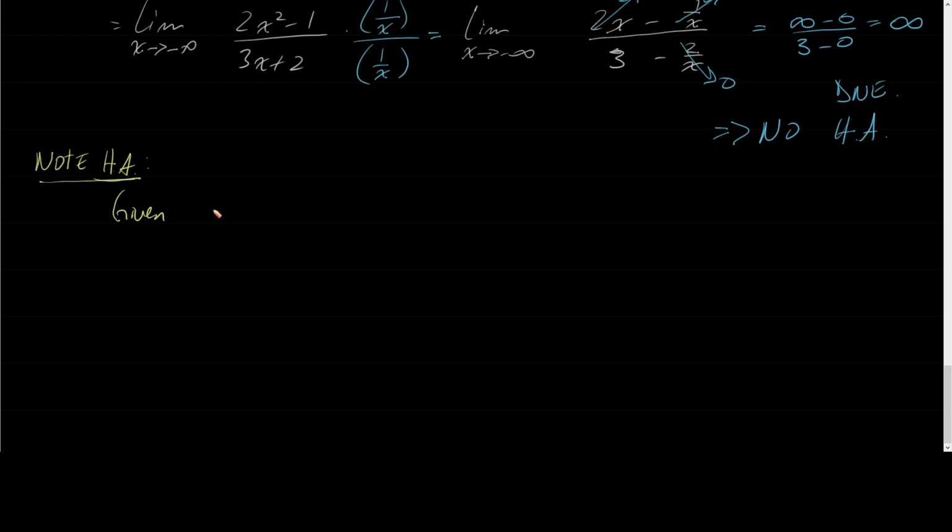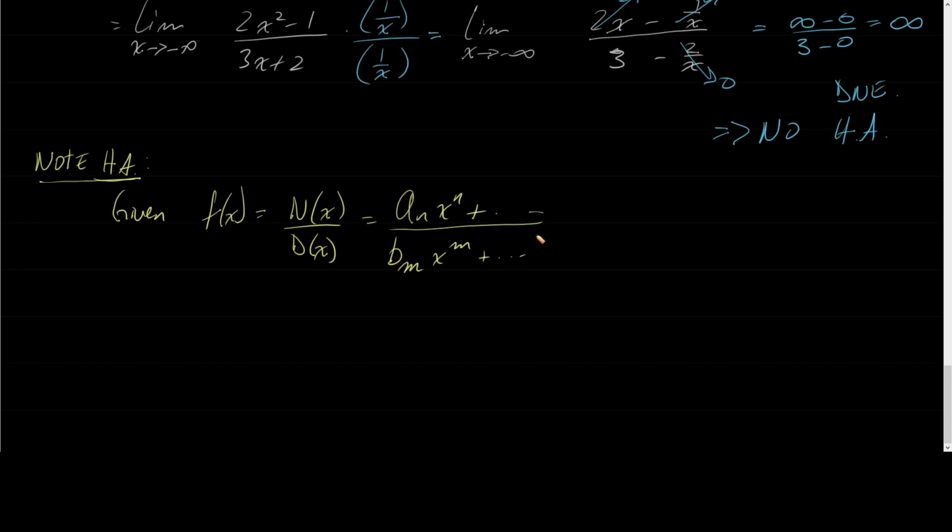Given that f of x is equal to n of x over d of x, where n of x is just some polynomial, and d of x is some other polynomial of different degree, right? Well, we have 3 scenarios.